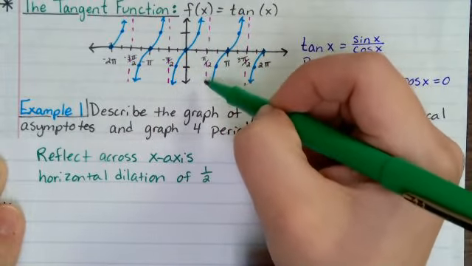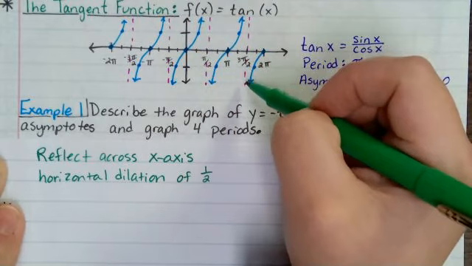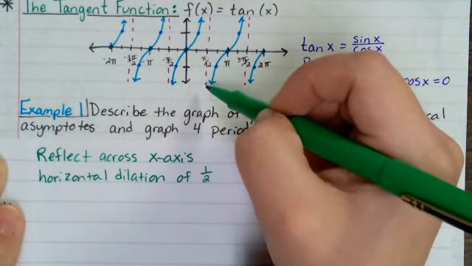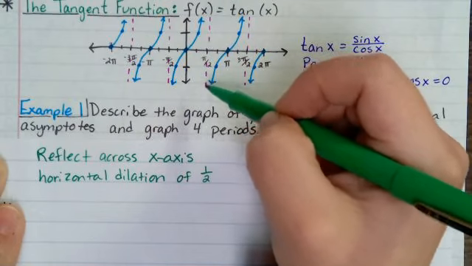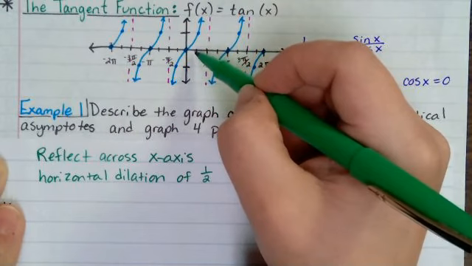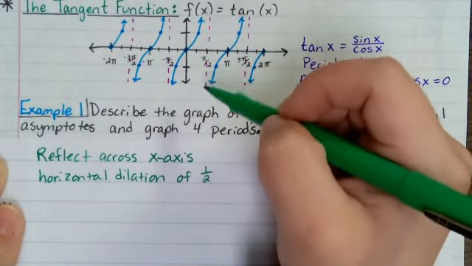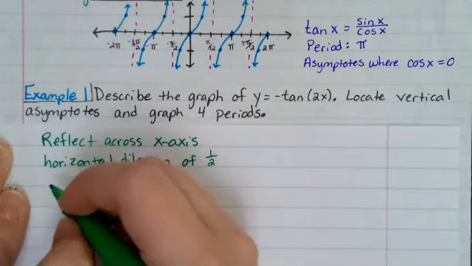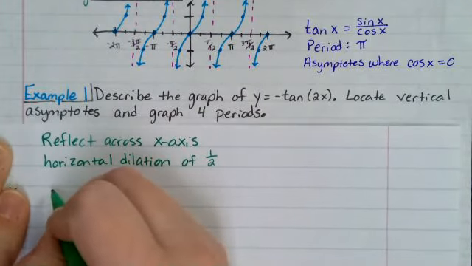Normally, we have asymptotes at pi/2, 3π/2. They're the odd increments of pi/2. This is not going to be the case. Because it's shrunk in, instead of being at pi/2, those asymptotes will be at pi/4 and then 3π/4. So those asymptotes are going to be in different locations than where they normally are.